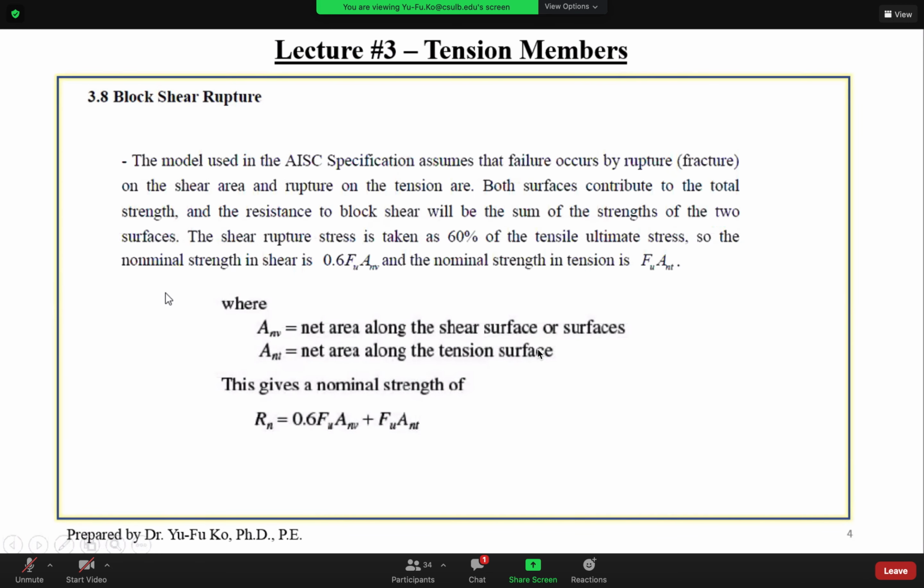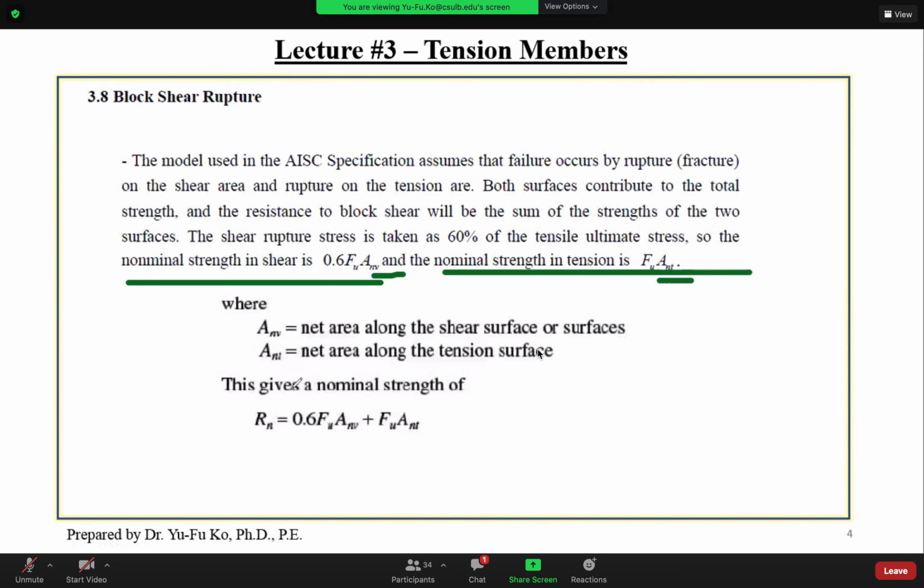So here we assume the nominal shear strength is 0.6 Fu Anv. And the nominal strength in tension, of course, has no reduction. It's just Fu times Ant. So Ant is the net area along the tension surface. So this is Anv and this is Ant.